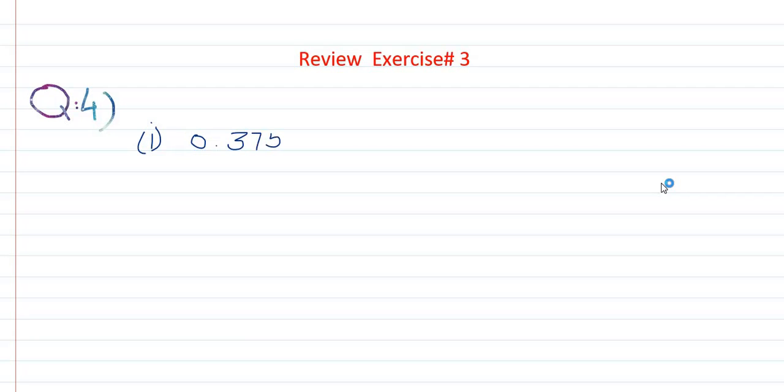0.375. You know that to convert any decimal number, what is a decimal number? A number that involves a point, with a decimal part and a whole part, is called a decimal number. And how do we convert it into a rational number?